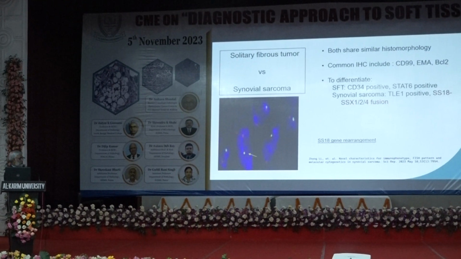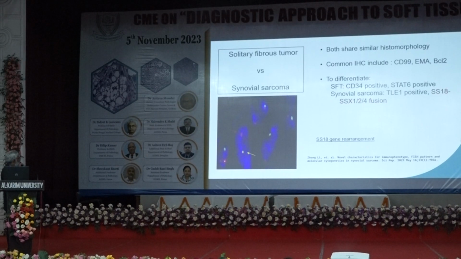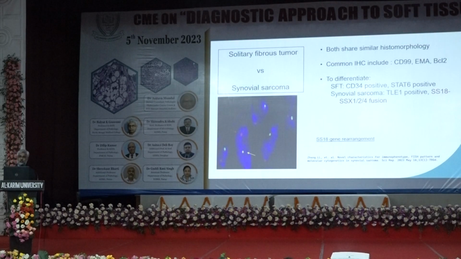If you look at some of the FISH images, the normal will be one green, one red. I don't want to go into the detail of FISH now, but see, there is a chromosome. I have labeled one part of this chromosome, or one gene, here.